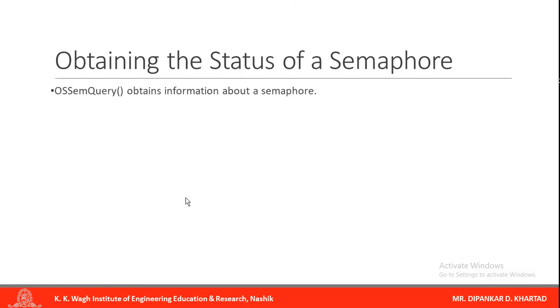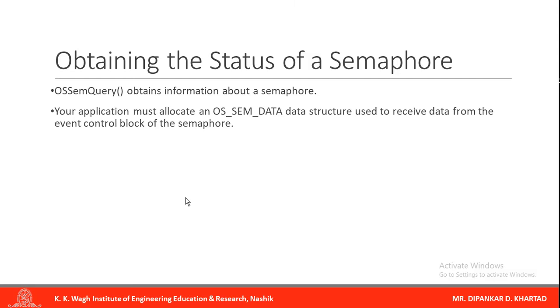Next is obtaining the status of a semaphore. Its function is OSSemQuery, to obtain information about the semaphore. Your application must allocate an OS_SEM_DATA, a data structure used to receive data from the event control block of the semaphore.